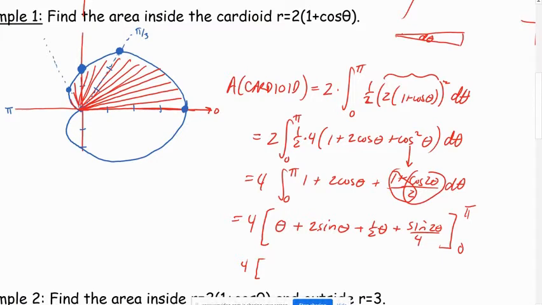And so that is pi plus sine of pi is 0 plus 1/2 pi plus sine of 2 pi is 0. When I plug in 0, all of them become 0. And so that ends up being 4 times 3/2 pi is 6 pi.